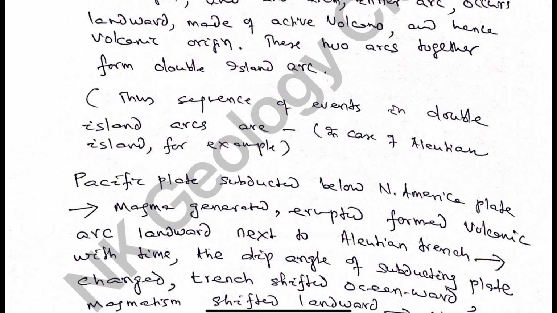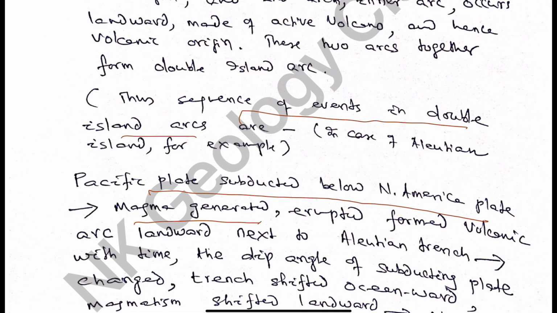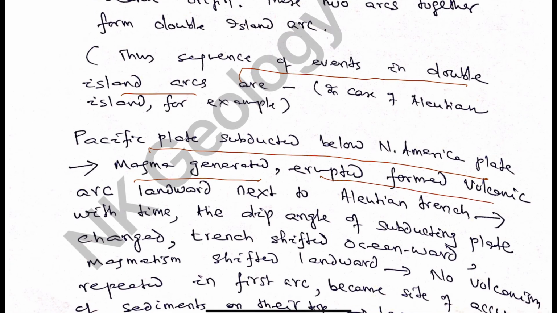That has been discussed here. The sequence of events in double island arcs: the Pacific plate has subducted below the North American plate. Magma generated, erupted, and formed the volcanic arc landward next to the Aleutian Trench.